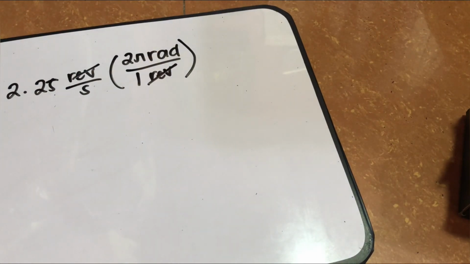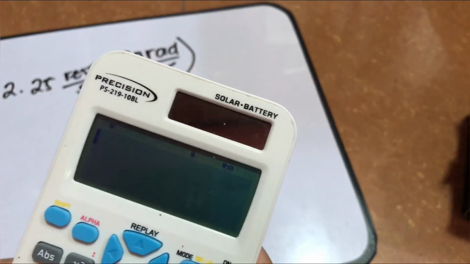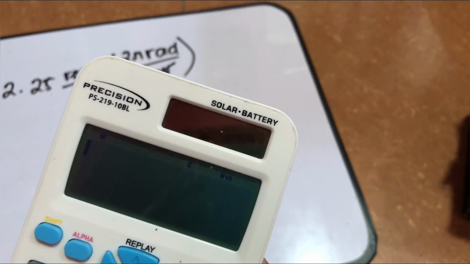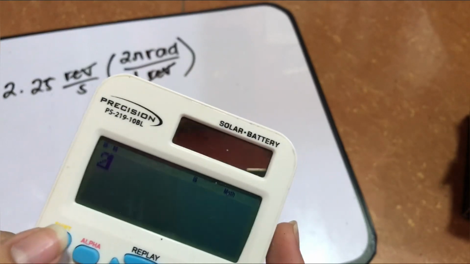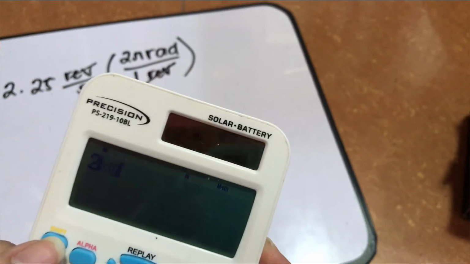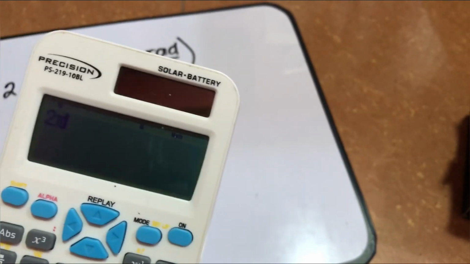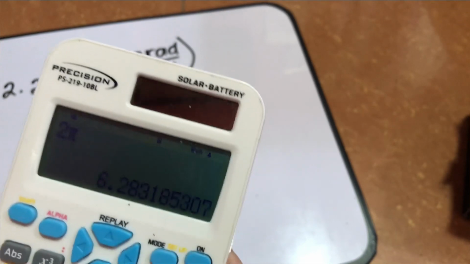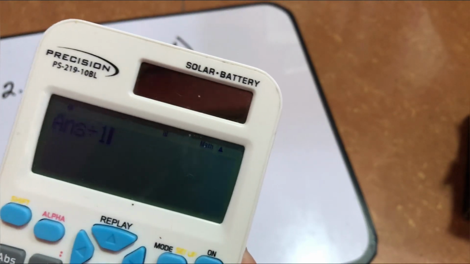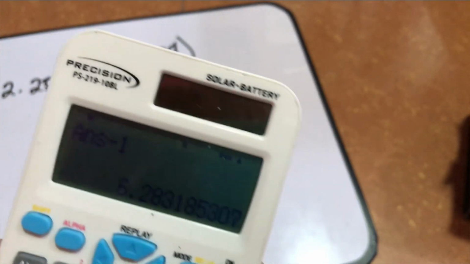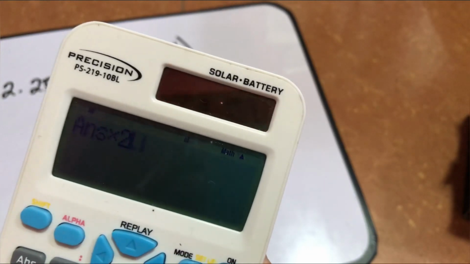And then, same atong gibuhat na to kanina. 2 pi is equals to divide 1 times 2.25.